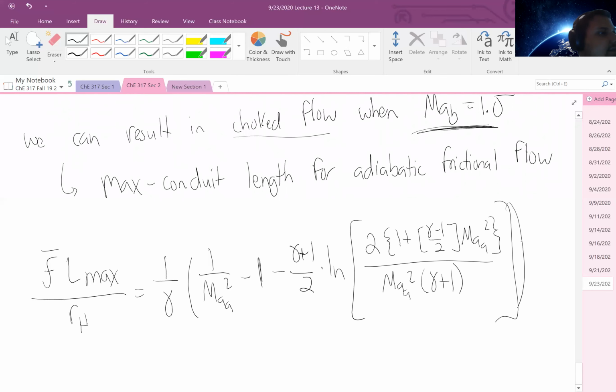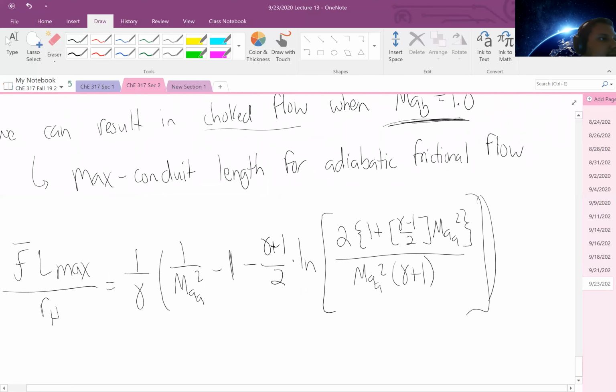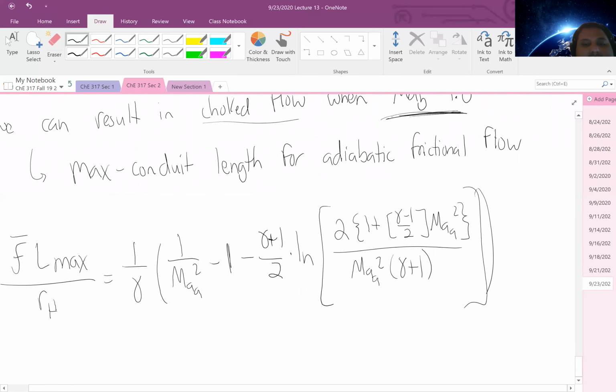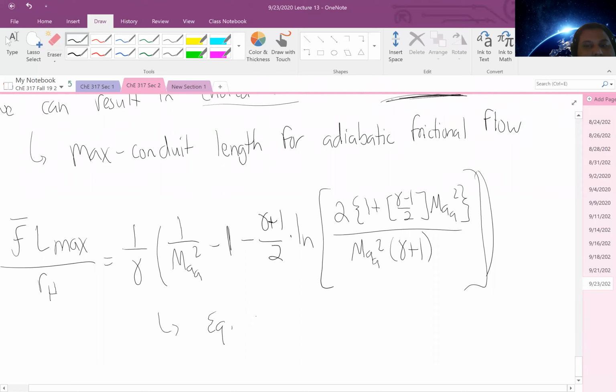And this expression is equation 645 on page 148.